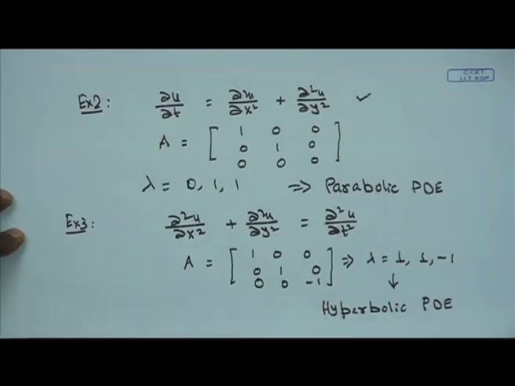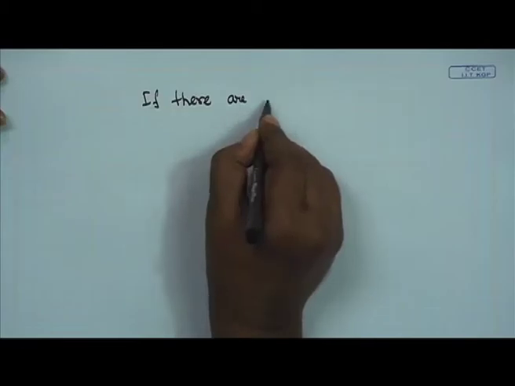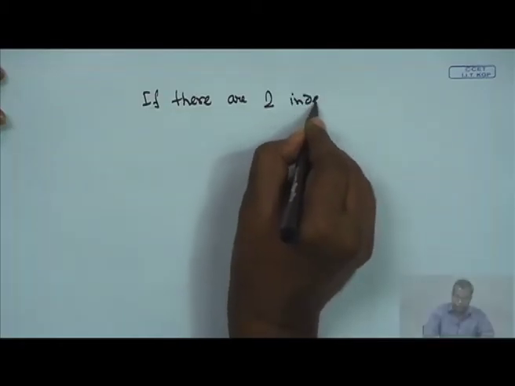So broadly, these are the ways to evaluate the nature of the partial differential equation, and there is a simpler version of doing that as well. If there are two independent variables, which is also quite common, two independent variables instead of three.